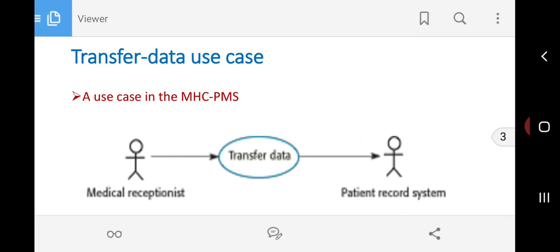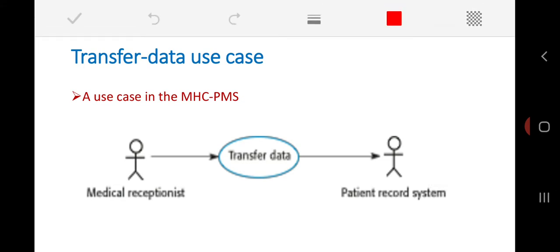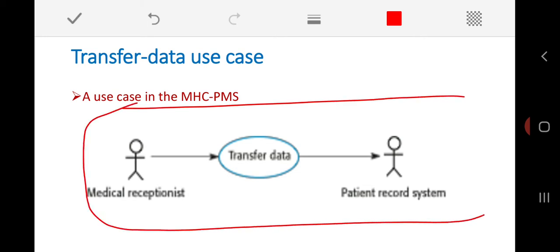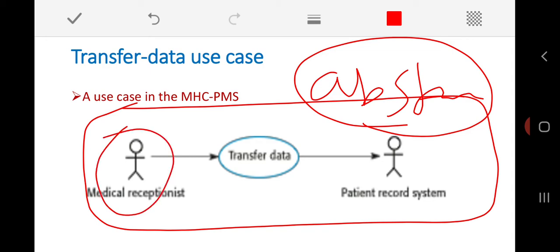Another important thing is that just drawing this use case is not sufficient to understand in depth the nature of that particular functionality or part of the system. In the beginning I told you that use case diagrams represent only the abstract level. At the high level, we can represent the system, identify the interactions, and identify the actors.